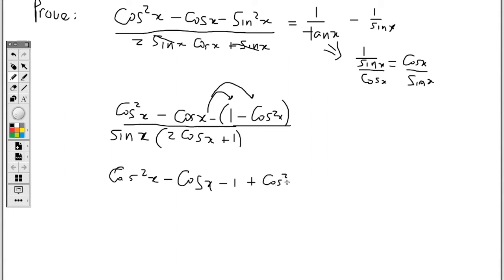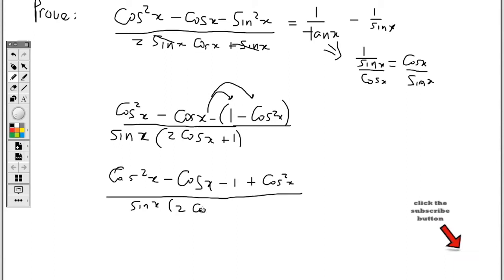And having this, I will rewrite the denominator as how I had it before. So nothing will be done to the denominator as yet. So let me go ahead, sine x, open bracket, 2 cos x plus 1.